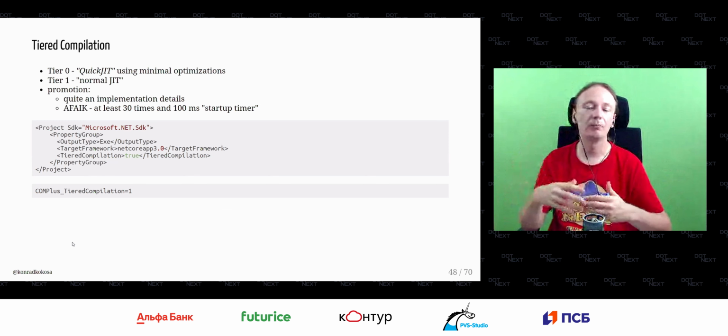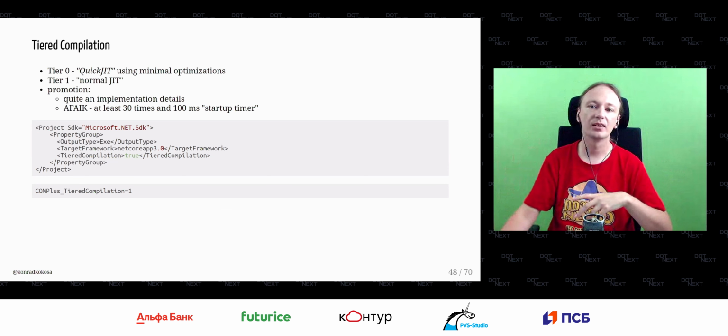And after some time, the regular optimizing JIT will re-JIT the same method and start to use this optimized version. So it is a nice approach, which has also been popular in the JVM HotSpot for many years. And those are nice optimizations that can be enabled.